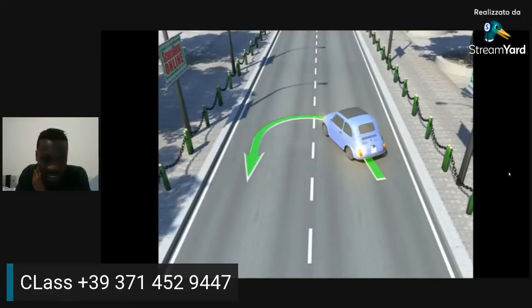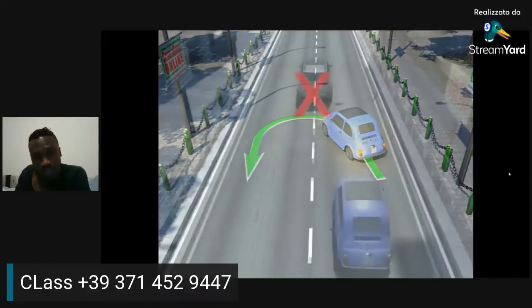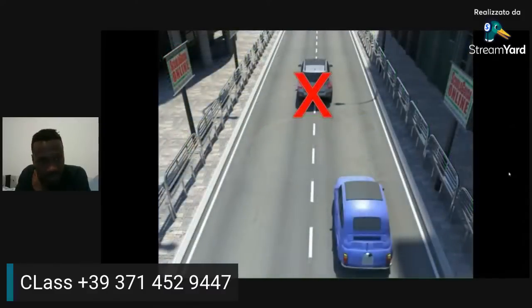Because the line dividing the carreggiata is what? Tratteggiata, which is discontinuous. The line being discontinuous does not allow you to circulate on top of it.